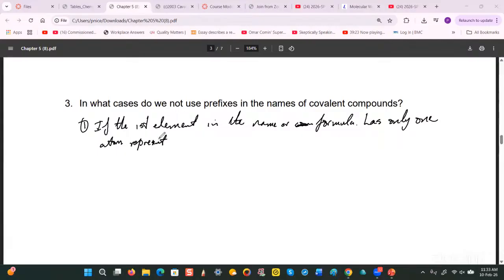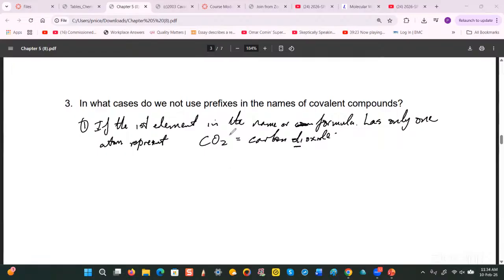All right? So if you have a formula and there's only one atom for the first element, then you do not use mono. Let me give you an example. This compound here is called carbon dioxide. There's no mono indicated for the carbon.